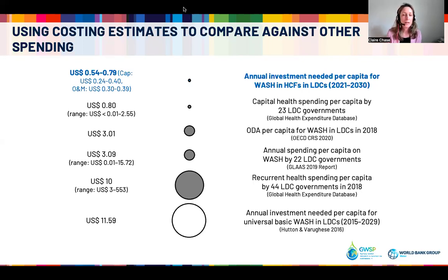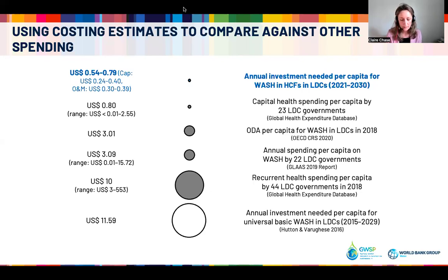So I think the most important one here is that if we see the annual investment needs per capita for WASH and healthcare facilities in LDCs, the top one here, between 54 and 79 cents per capita, compare that to recurrent spending by these governments on health, and you see that it's really just a small fraction of what's being spent. And that helps us to take this discussion further.